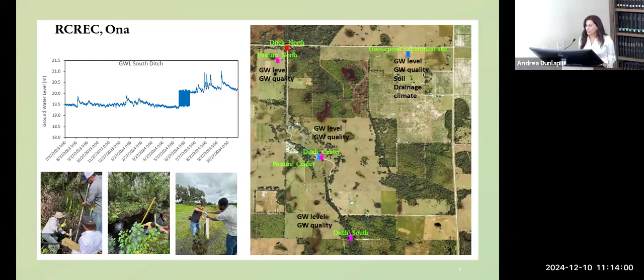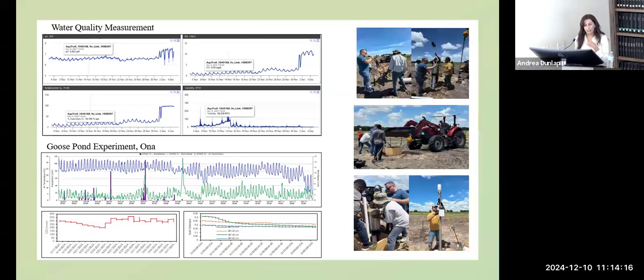In addition to that, close to Goose Pond Road, we have an experiment site, and we have completed the instrumentation there. We did it this summer, and we started to get the data from September.